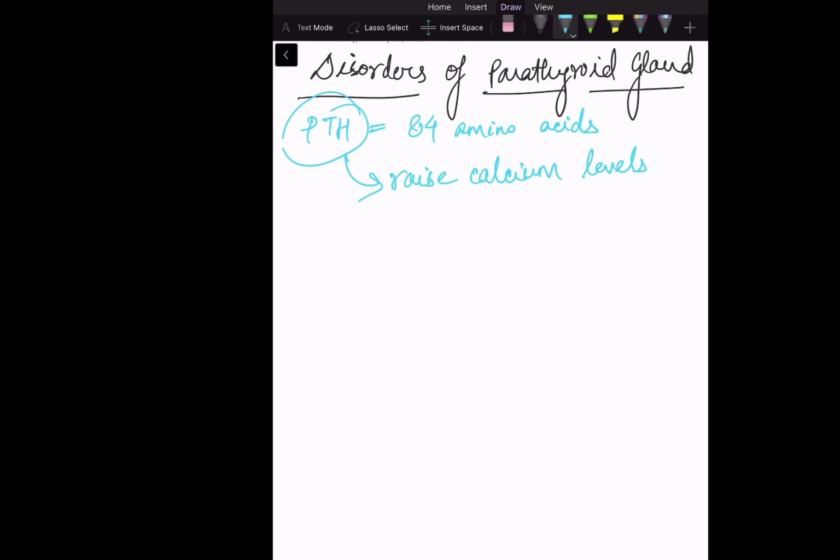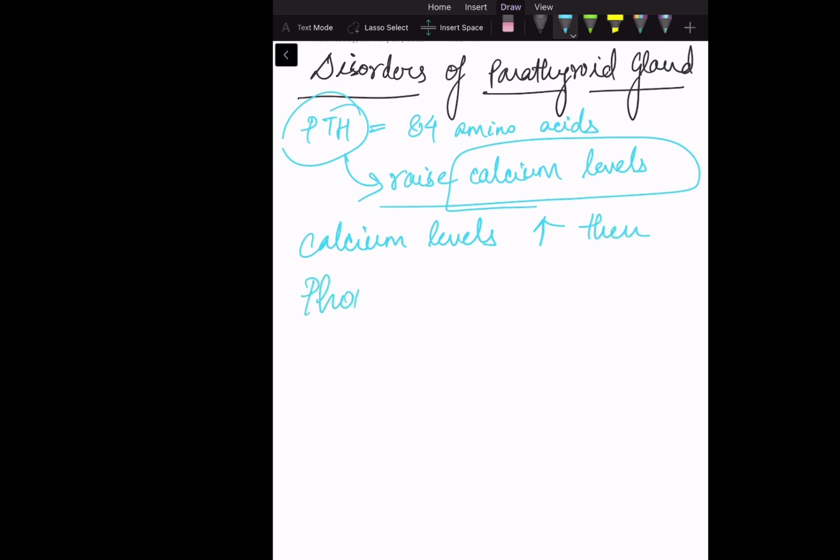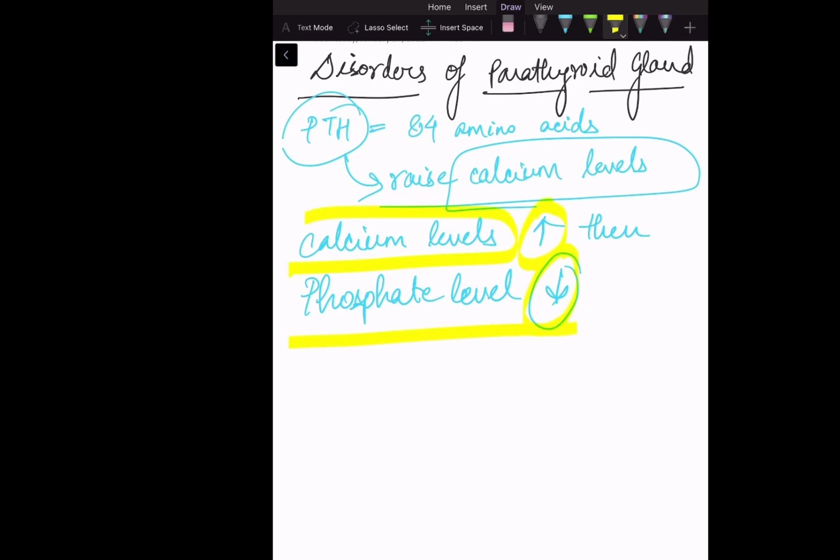So what they do is they raise calcium levels, and always remember, if calcium levels are raised, then phosphate level will decrease. Don't forget that.